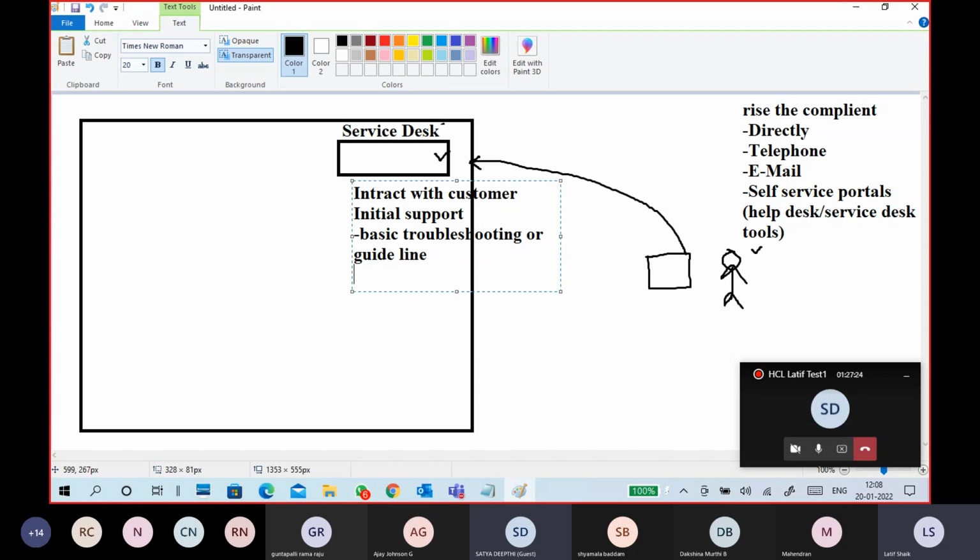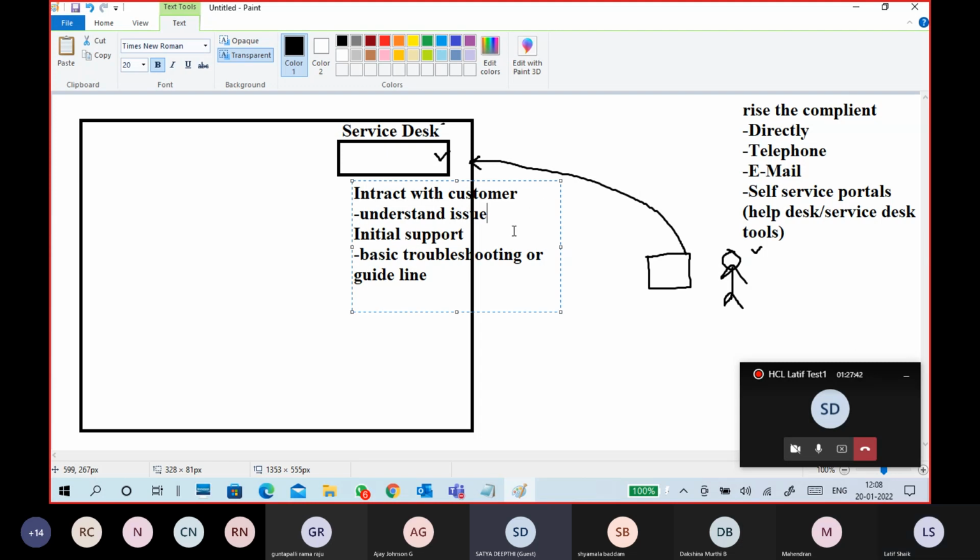Next, you interact with the customer to understand what the problem is.